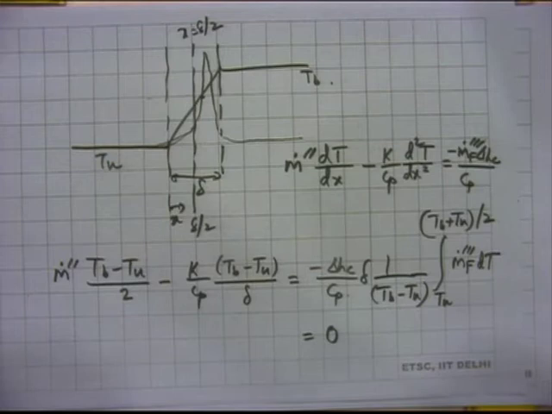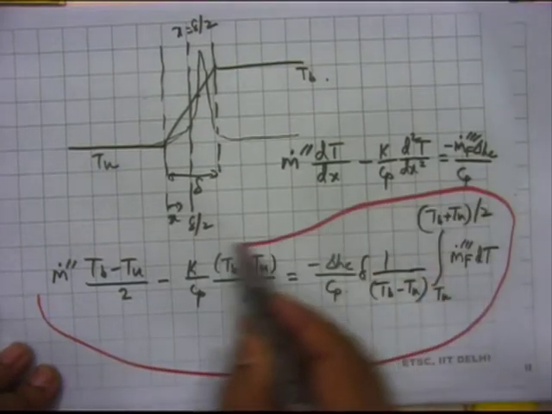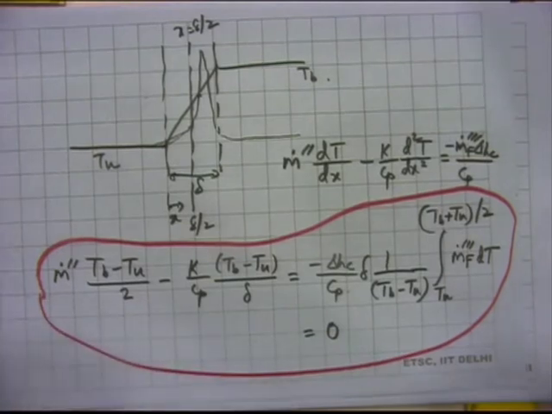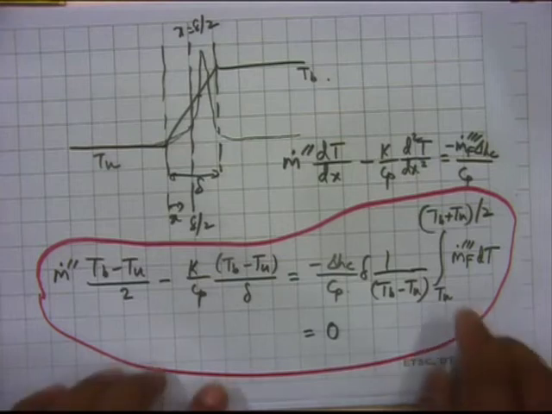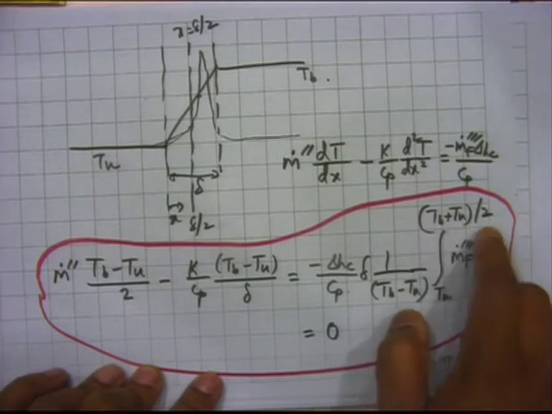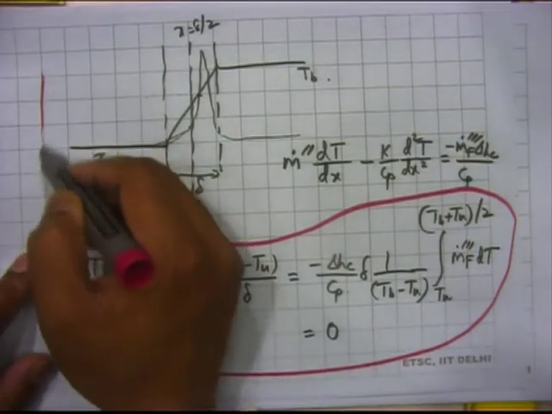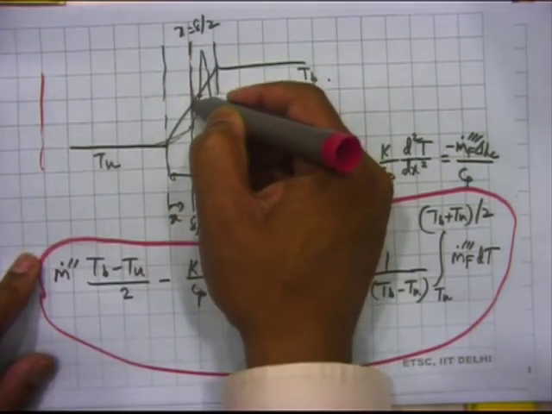Is that okay? Is it okay to say that the right hand side is 0? Approximately, because we have this integration between Tu to Tb plus Tu by 2, that is from somewhere here to the mid plane.